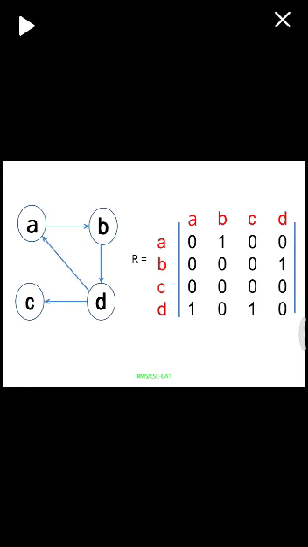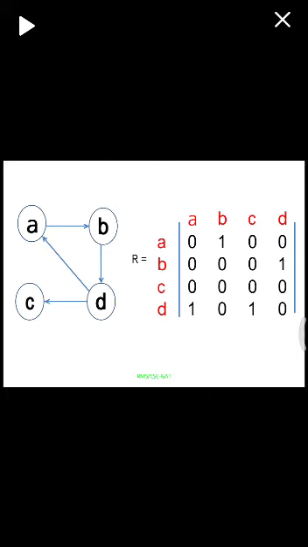Now let us consider a graph which contains 4 vertices, and we can write the adjacency matrix for this unweighted graph. For an unweighted graph, the adjacency matrix contains only zeros and ones. Now we need to find where to write 0 and where to fill 1.